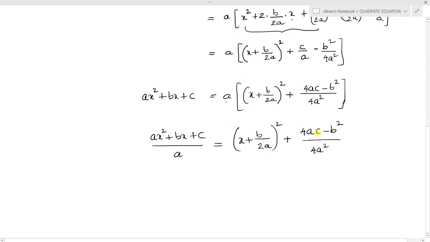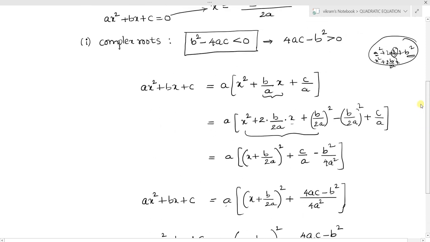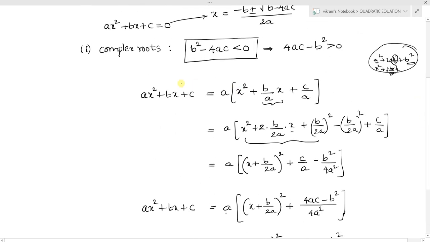Now consider the condition we obtained just before: 4ac minus b square is greater than 0.